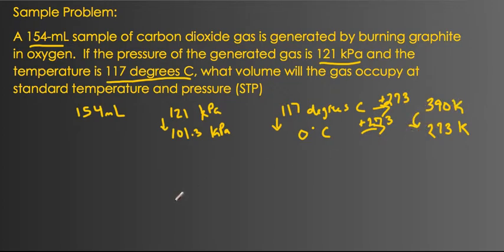My next step is to set up the ratios that I'm going to multiply by. Just like the Boyle's law and Charles's law problems, I'm always going to begin with the value that I'm trying to figure out. I'm trying to figure out my new volume. I'm given an old volume, so I'm going to start with that: 154 milliliters.